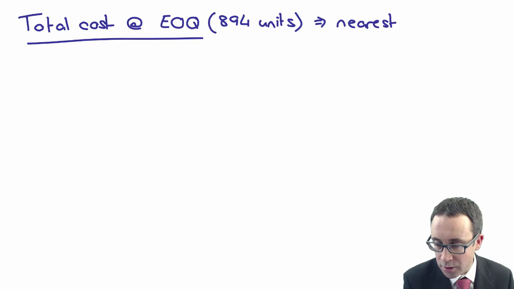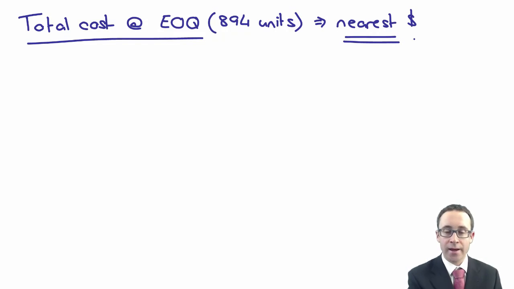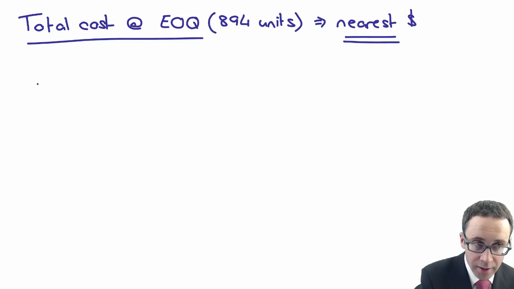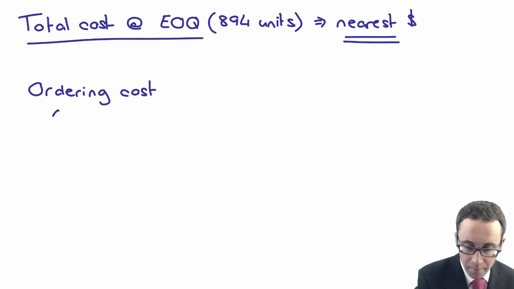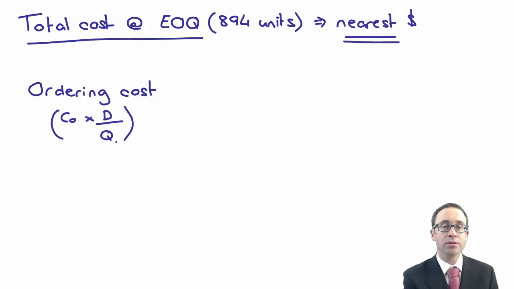Doesn't say within the question, but it will be there to the nearest dollar. Okay, so what you've got there is you need to consider your ordering cost. So remember, that's your order cost multiplied by the annual demand divided by the quantity.